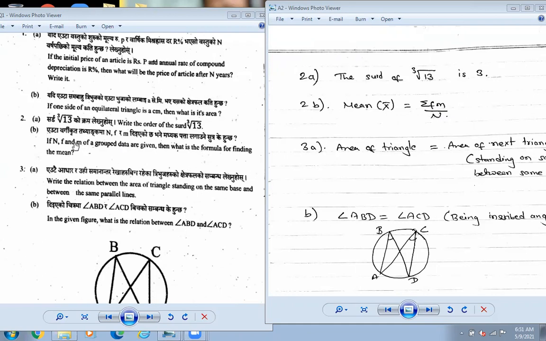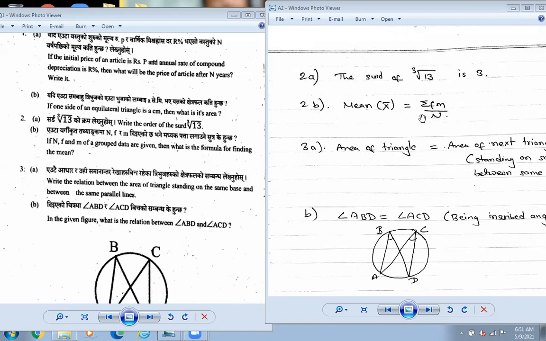So if there is x in place of m, if there is x given, what will be the formula? Summation fx by n. Okay, and if only x and n are given, then summation x by n हुन्छ formula.